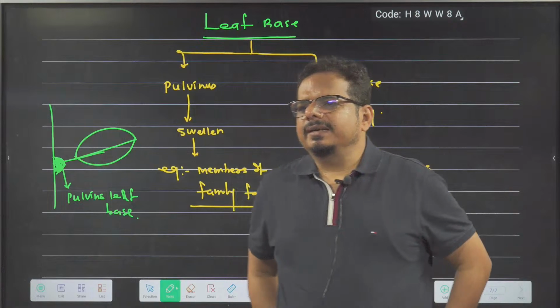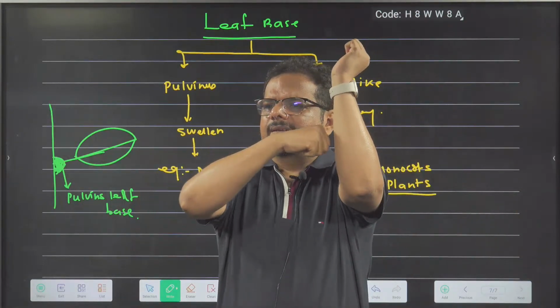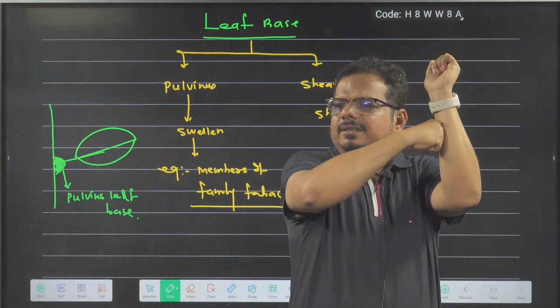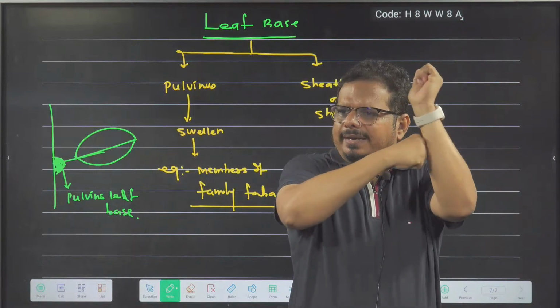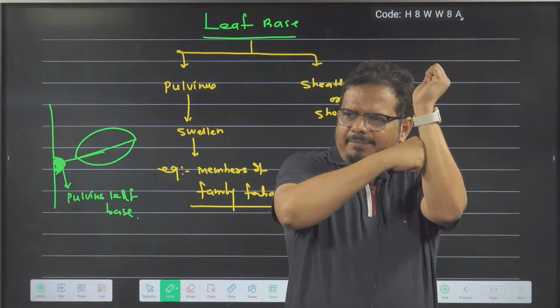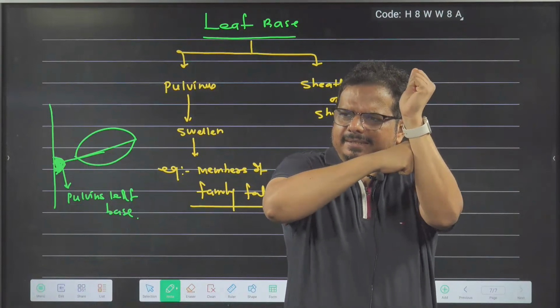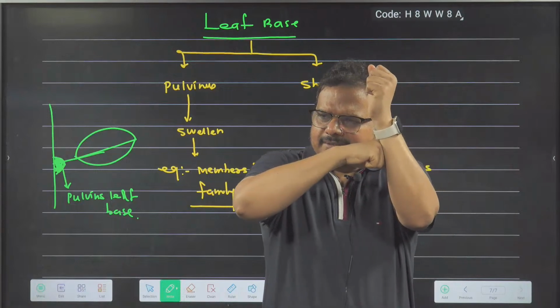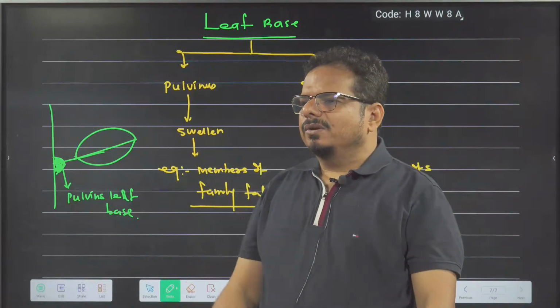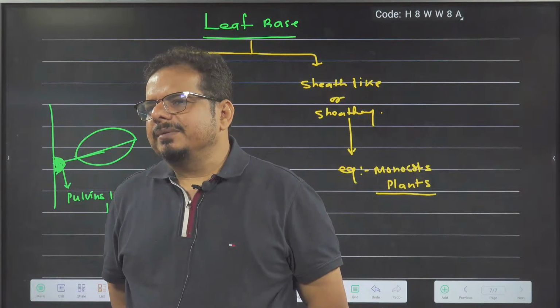You try to understand in 3D. So if the leaf base is attached to the stem like this, what are you finding? A swollen area attaching with the stem or its branches. That is called pulvinous leaf base. You got the idea? Understand the pulvinous leaf base?